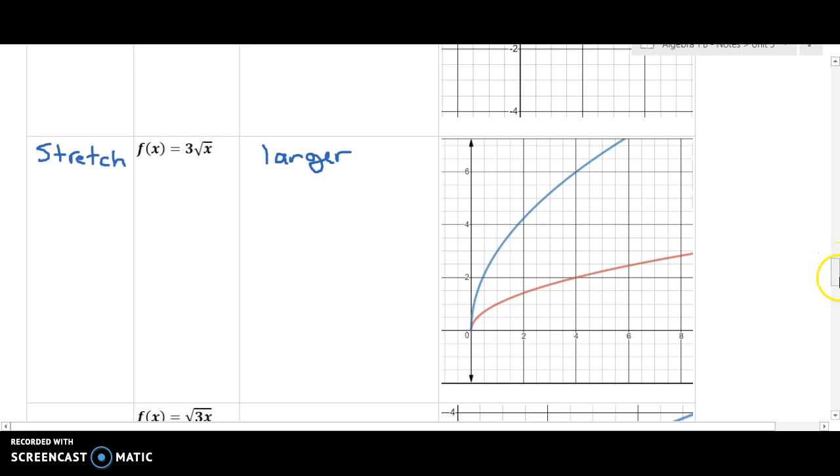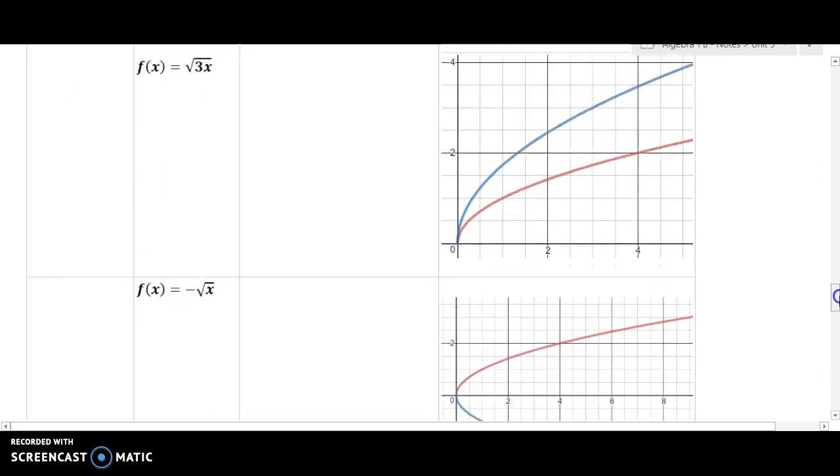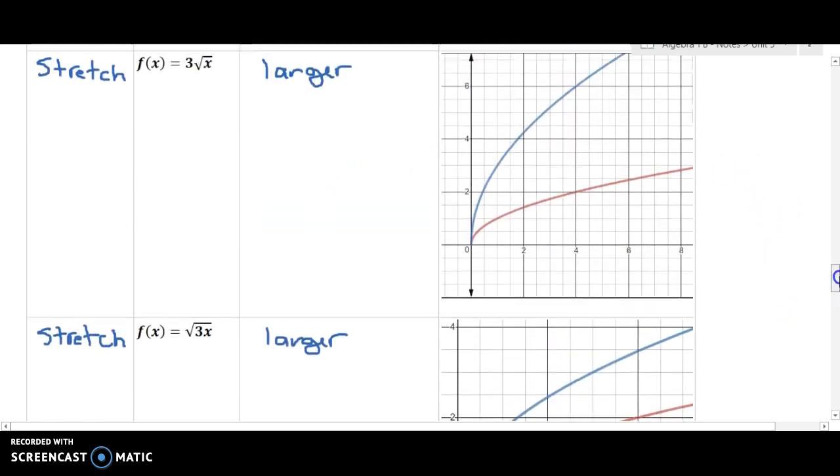Now let's take a look at the next type that we can possibly come across. So our next graph is f of x is the square root of 3 times x. So now the 3 is inside the radical. And we see that again, it's a stretch. It's larger than this graph. So this is another example of stretch. And it is larger, but it is less than this stretch up here.